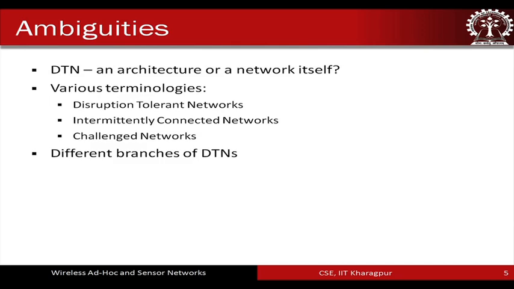So, there are different branches of DTNs. DTNs is an overall concept, an overall idea about how to communicate under certain types of constraints in a challenged environment, but there are lots of different specific types of networks which can be classified under the DTNs.